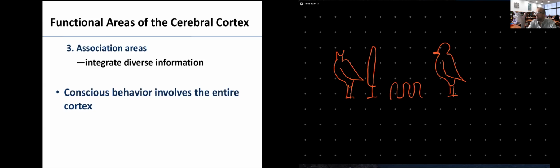Can you read this? Can you see it? Yes, you can see it. Can you read it? Can you know what I mean by this? No. This is the difference between sensation and perception.